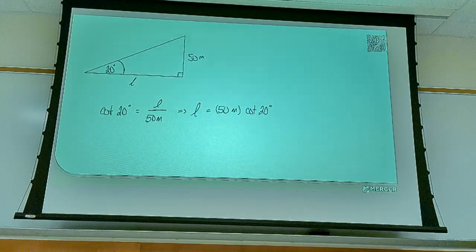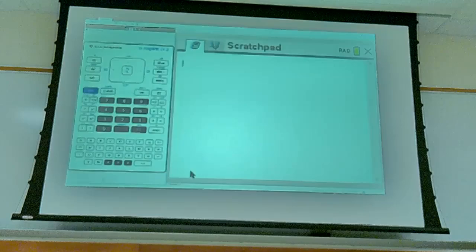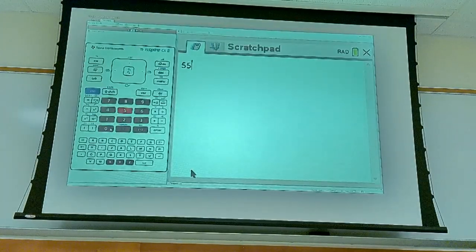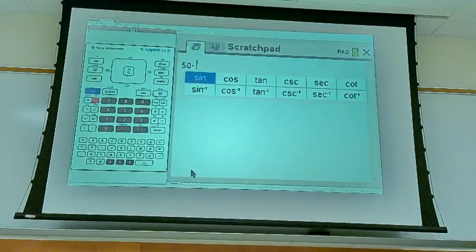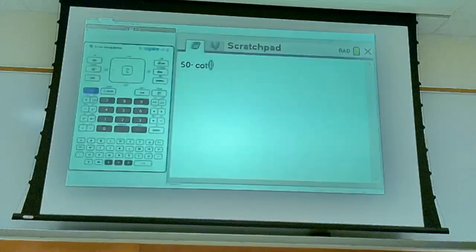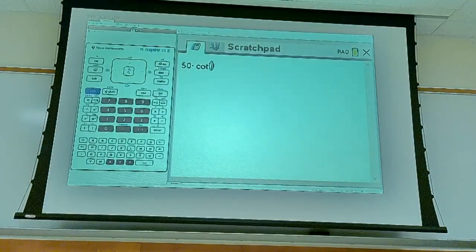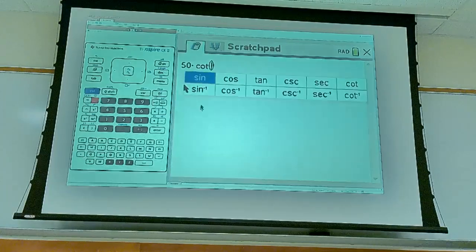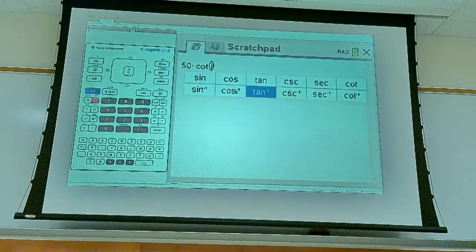Right, so you may have a calculator that actually has all the trig functions in it. Ignore this bottom row for right now.